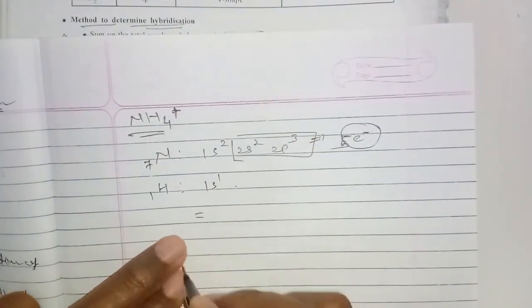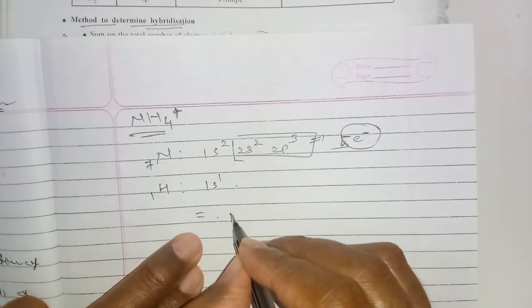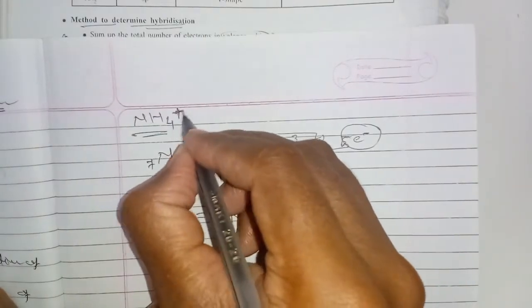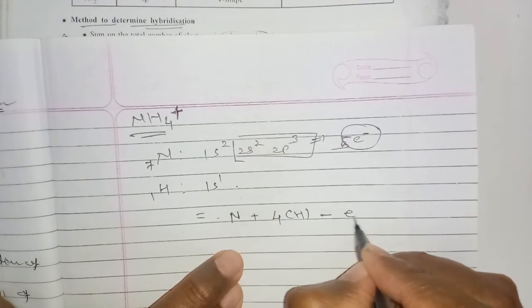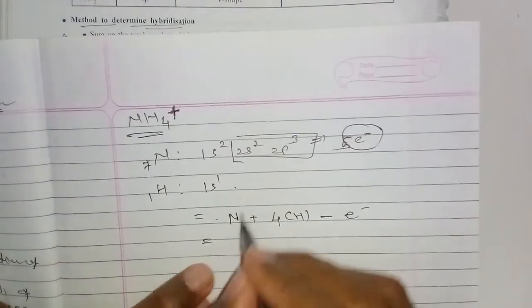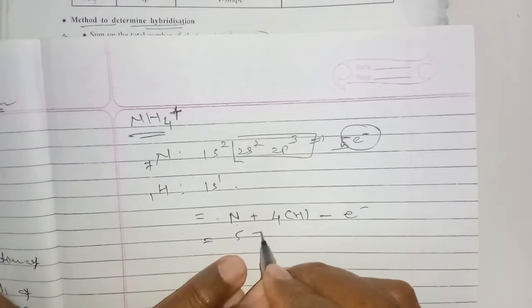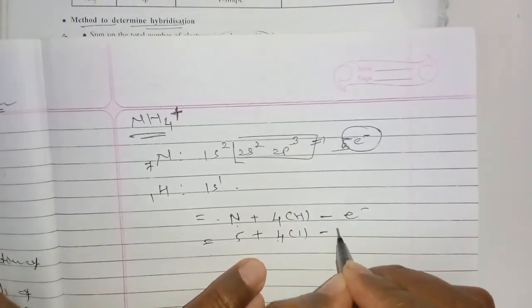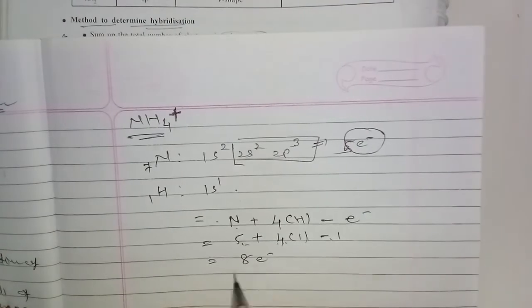So the total number of electrons: nitrogen is only one atom, 4 of hydrogen, and the plus means it loses one electron. So 5 plus 4 is 9, 9 minus 1 is 8 electrons.